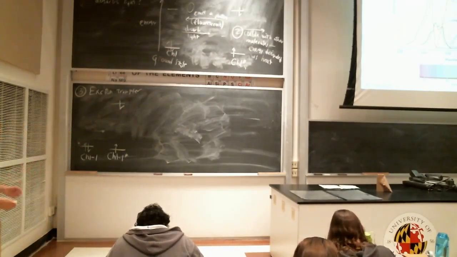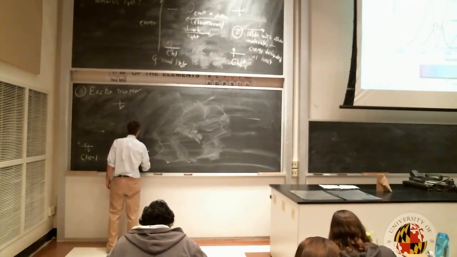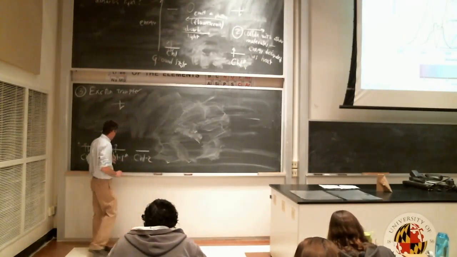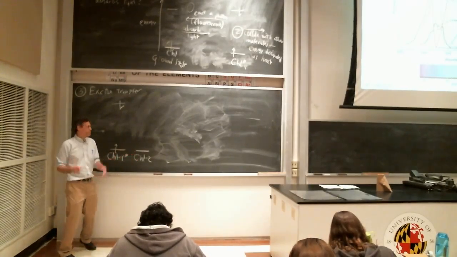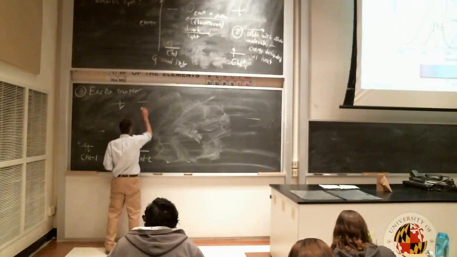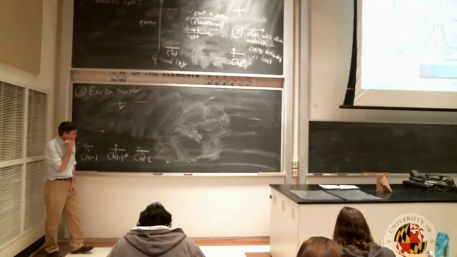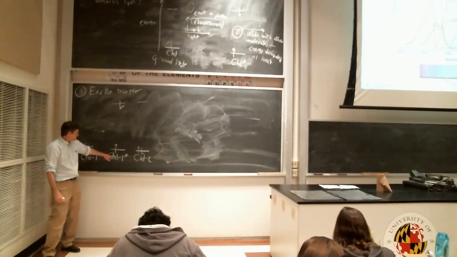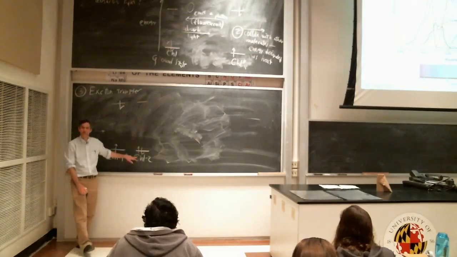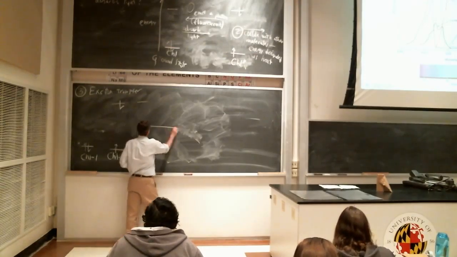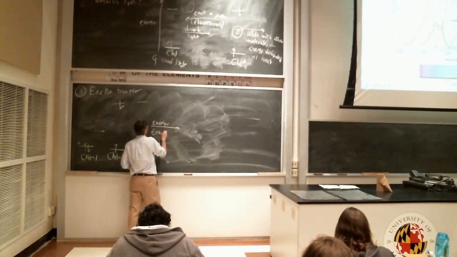So exciton transfer is a process whereby if there's a second molecule that's very close to the one that became excited, and it doesn't have to be a chlorophyll, but let's suppose it is, and this chlorophyll is in the ground state, the energy in the excited state can be transferred from chlorophyll 1 to chlorophyll 2.